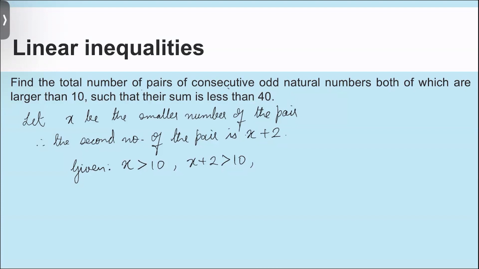So that means your X plus X plus 2, the sum of the pair of numbers, is less than 40. Okay, so this is our final linear inequality that needs to be solved.